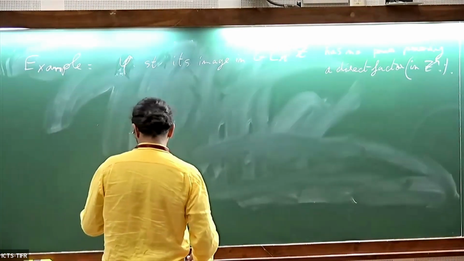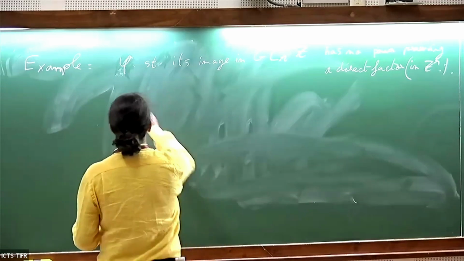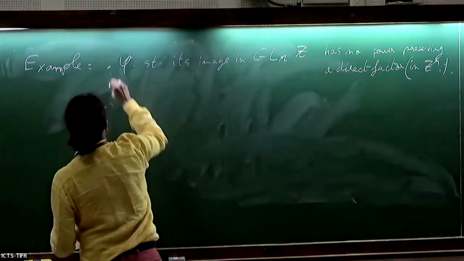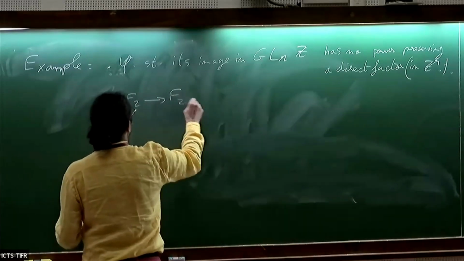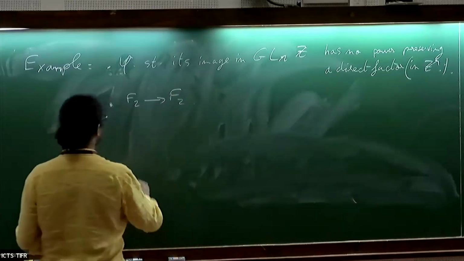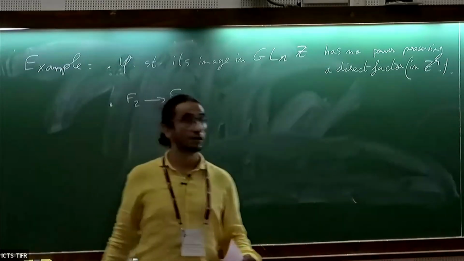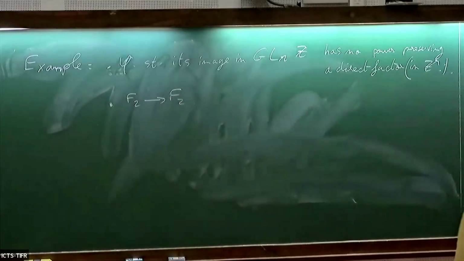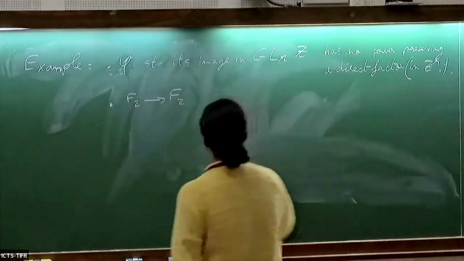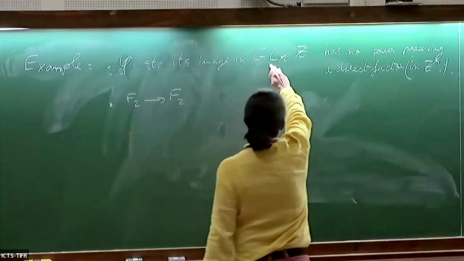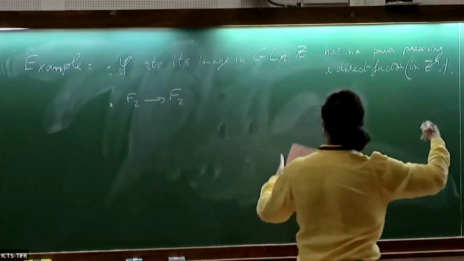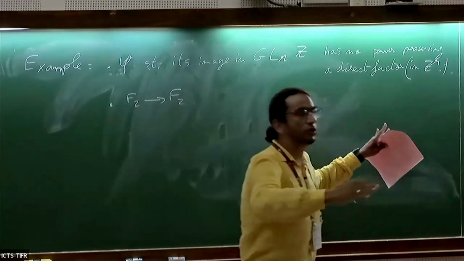And in low rank, for instance, such that its image in GL_r(Z) has no power preserving a direct factor in Z^r.